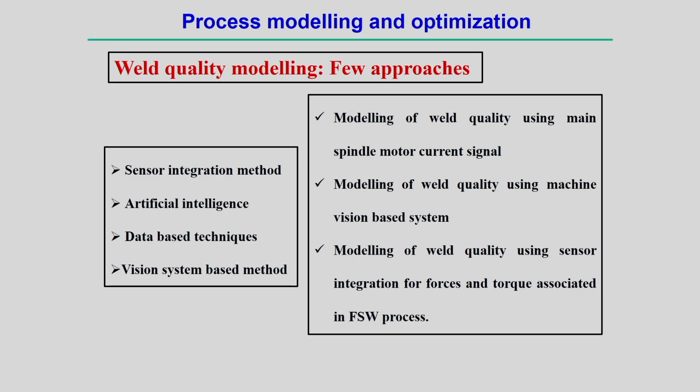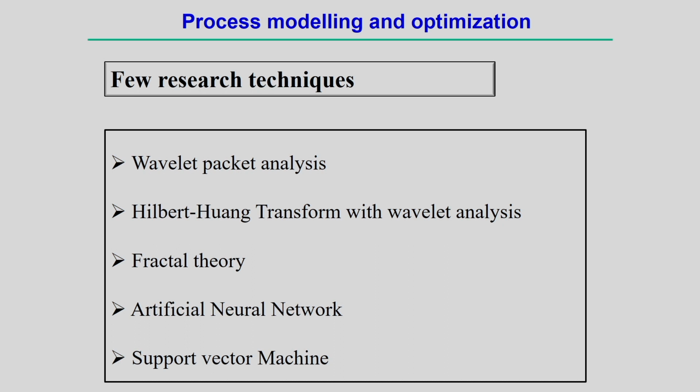For example, we can use the force signal, collect and store the data, and at the same time the torque data from measurement of the torque in the FSW process. So, this is nothing but putting different sensors, collecting the data, and then analyzing it by using different methods to get the relation between input and output.